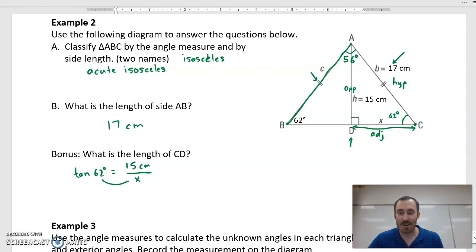If you remember way back, our quick step, in class we're going to talk about the non-quick version of that, is those two things switch places. Okay, so we get x is equal to 15 centimeters divided by the tan of 62 degrees. And that is equal to about 8 centimeters.